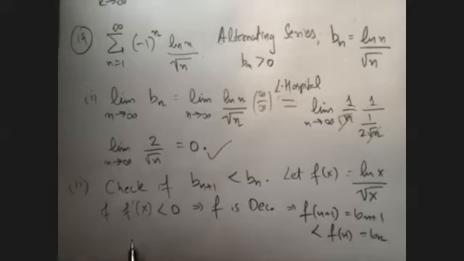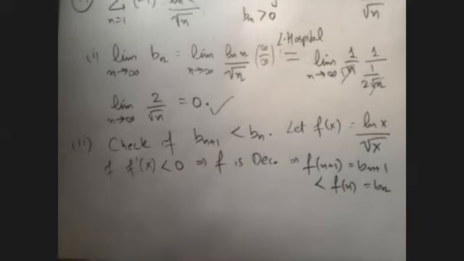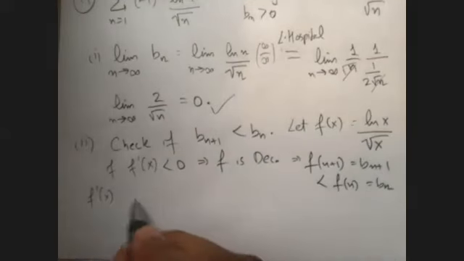So we have to compute its derivative and see if it's less than 0. Quotient rule.